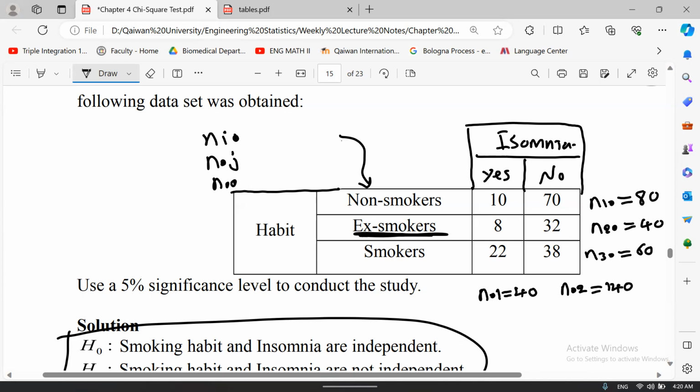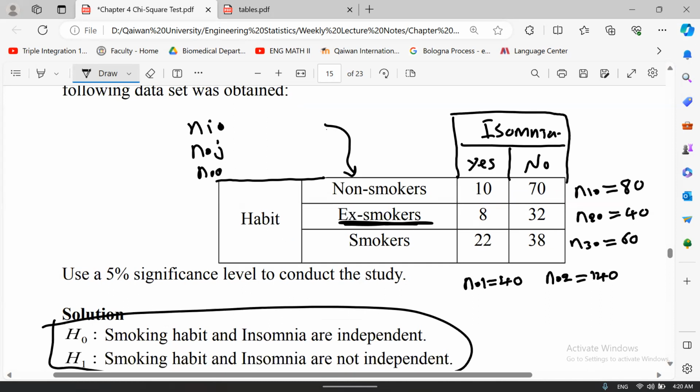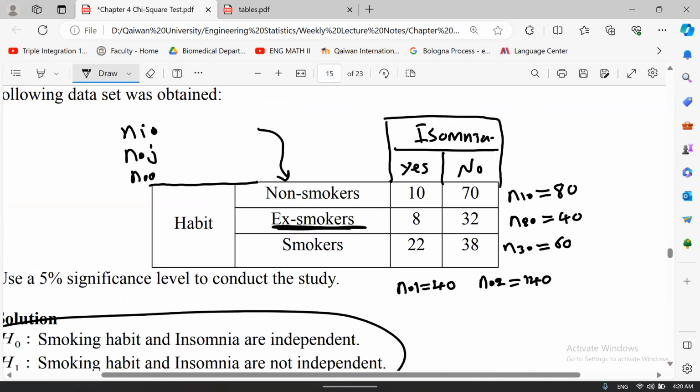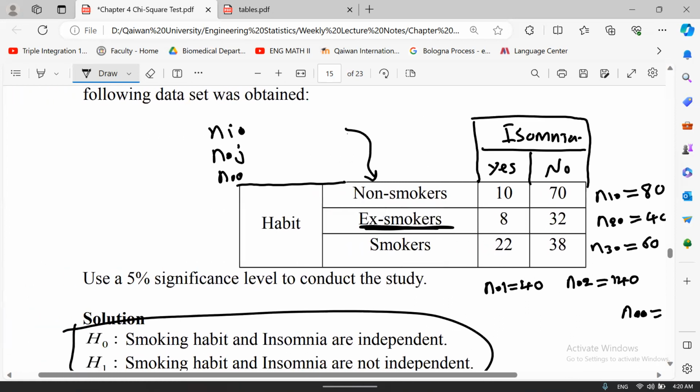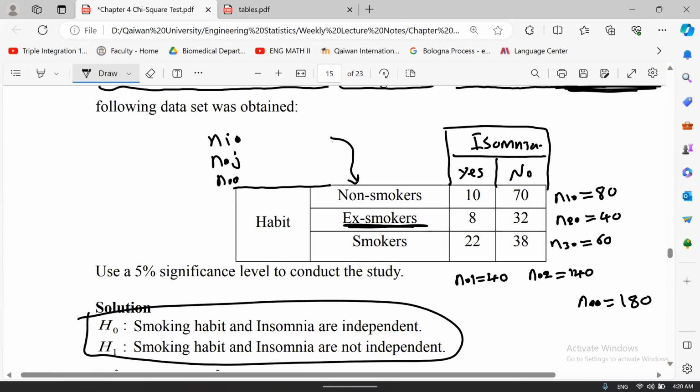N double dot. We must have n double dot. So n double dot is the sum of all elements, which is 180. The sum of all observed frequencies is n double dot. We now have these all.